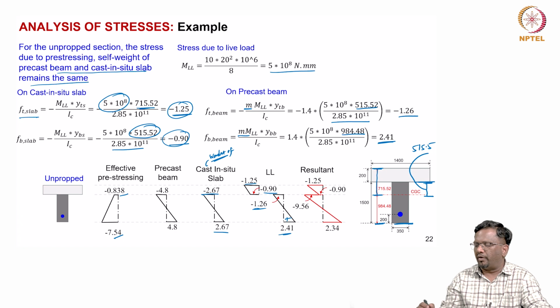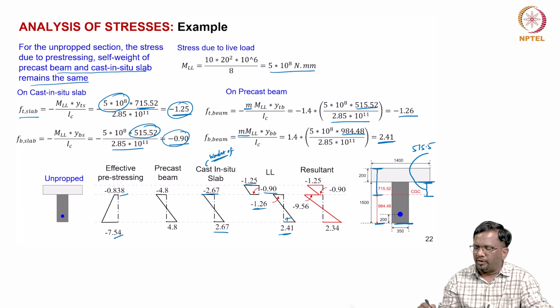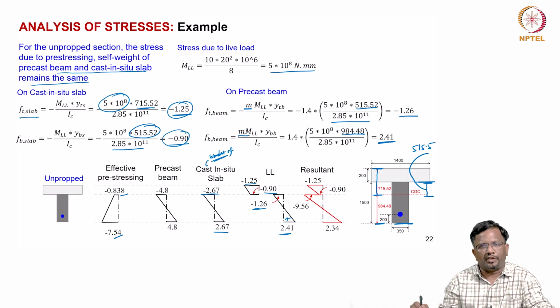When you add all of them, you get a stress discontinuity at the interface of the slab and the precast web, of about 9.56, and this is plus 2.2. This is in tension, and this is in compression. So you get maximum compressive stress at the interface of the slab and the precast girder.